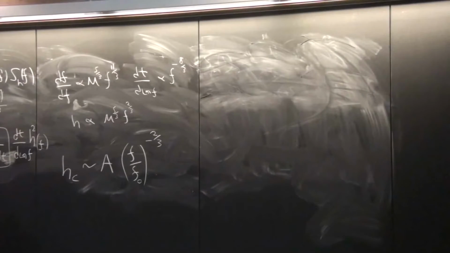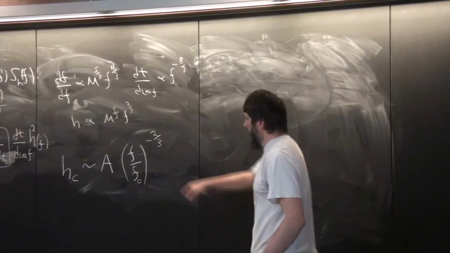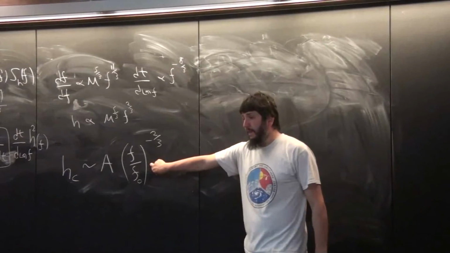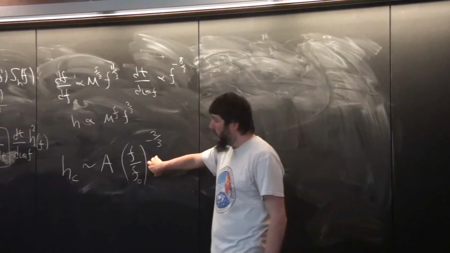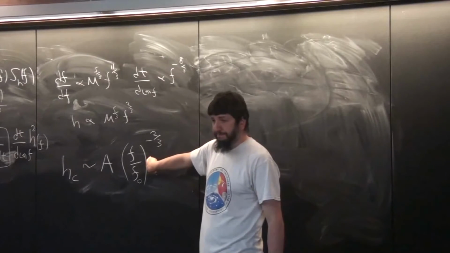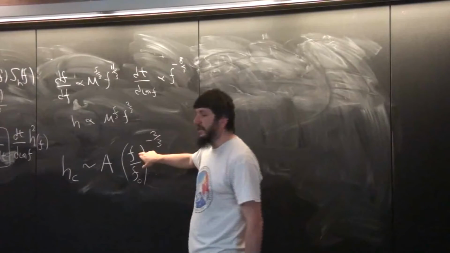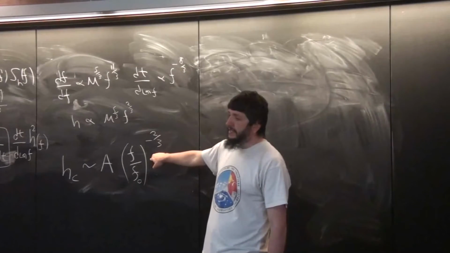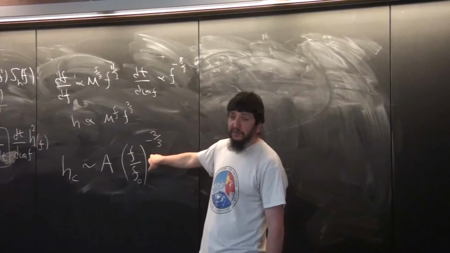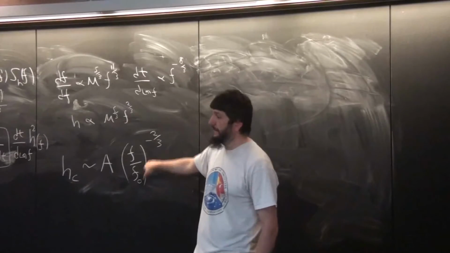So it's an interesting point because, okay, we derived this thing, but we know already at the moment when we derive this that it has to break down at some point. Because of course if you take a binary at a given frequency, it takes some time to merge, and if that frequency is too low, the time it takes to merge is longer than the age of the universe.